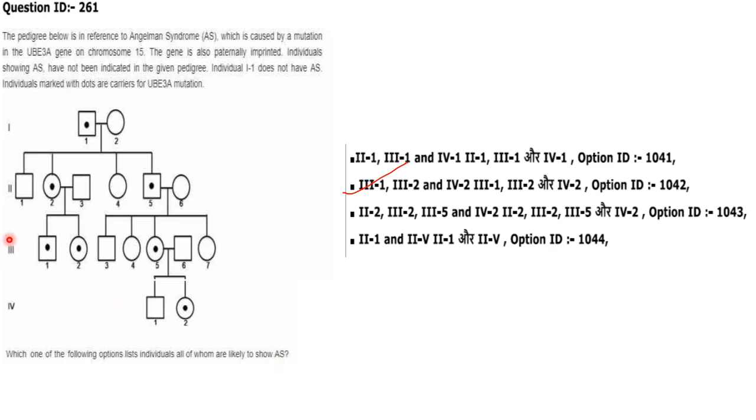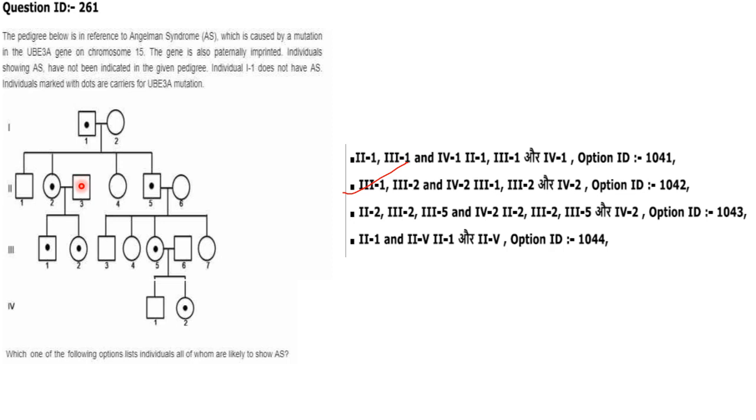So if you see here, that is 2-2 and 2-3, these two. If you see here, this is a carrier mother and she has given her gene to the son, and her gene has also gone to the daughter, and the father is not a carrier.